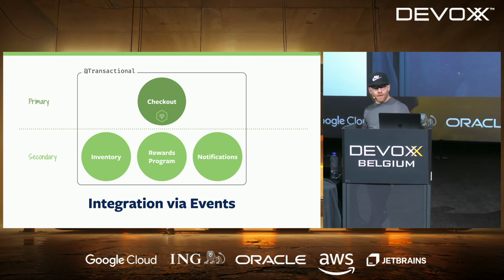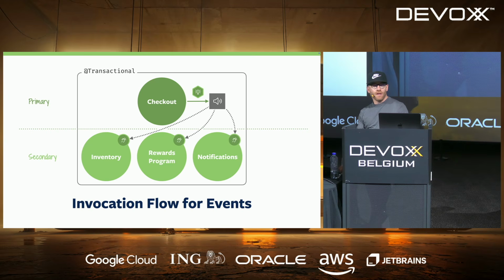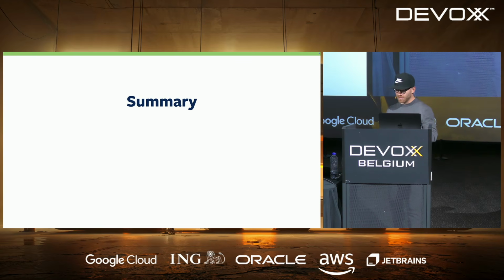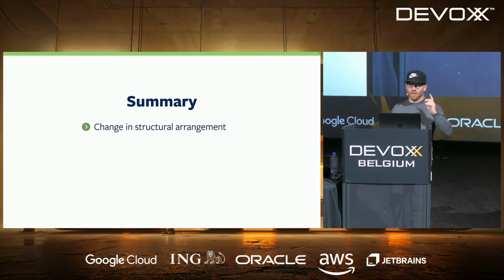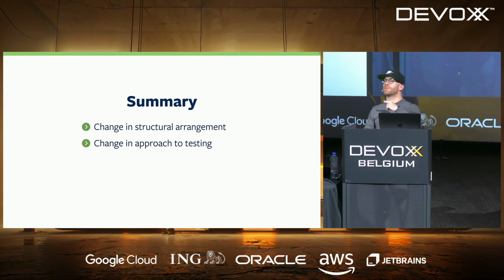Technically, the way this works is that you saw that we injected an application event publisher, and that was then notifying, and it's basically synchronously calling the event listeners in the other module. So again, to summarize, we have a change in the structural arrangement, which changes the way that we test the thing.